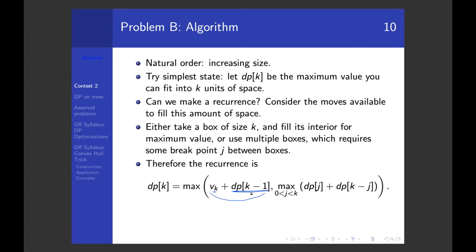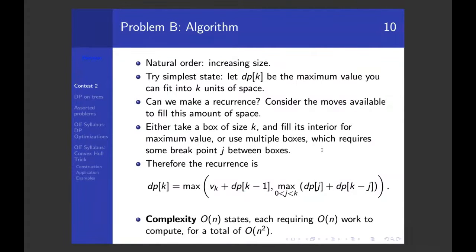Case 2 is take multiple boxes, and for each j from 1 to k take 1, we try, okay, what's the most we can fit in j units of space, and what's the most we can fit in k take j units of space. These add to k. Across all j's, we try all configurations. So that's the dp recurrence.